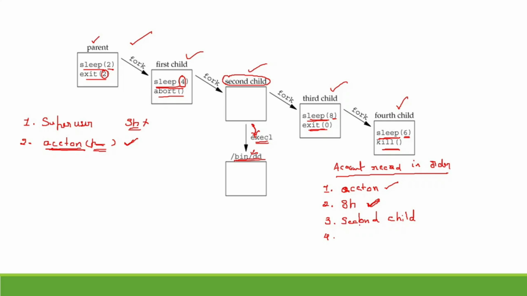Now I have 4 more: the parent, first child, third child and fourth child. What should be the next process that gets terminated? Obviously the one that executes first will be entered here. Among these, it will be the parent process, because it has the smallest execution time. So the parent will be the next entry.